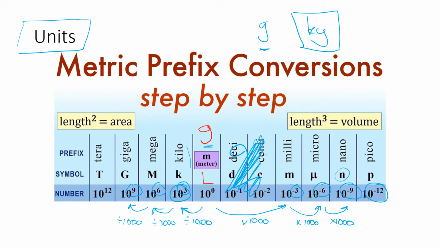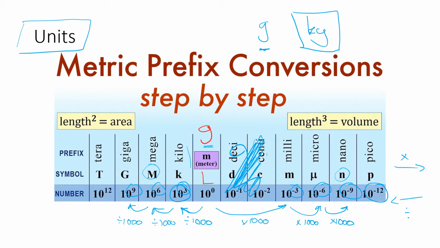If we want to go from nano all the way to mega, we have to divide by 1,000 five times. That's 5 lots, so 10 to the power of 15. If we add negative 9 and 6, we get that 15 figure. So whenever we're moving right on this table, we need to multiply. Whenever we're moving left, we need to divide.